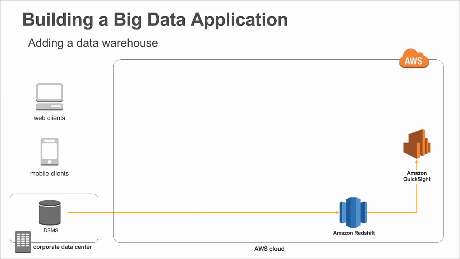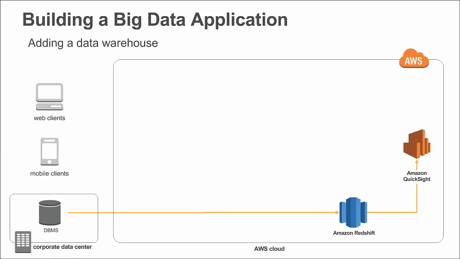We have customers using SQL Server Integration Services. Generally pretty straightforward. The highest throughput way to load Redshift is via S3, so the typical path tends to be get data out of your database, stage it on S3, load it into Redshift, and you're good to go from there. And these are all available on the marketplaces as well.